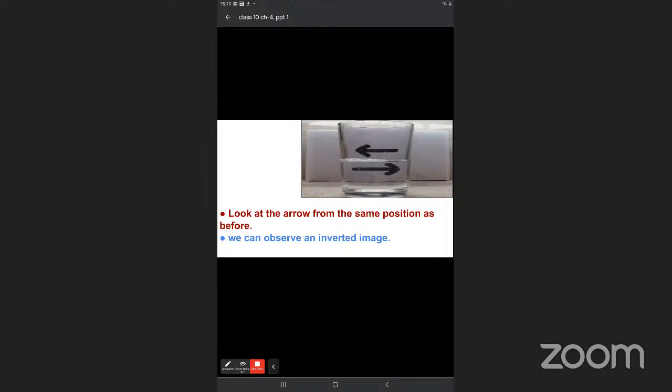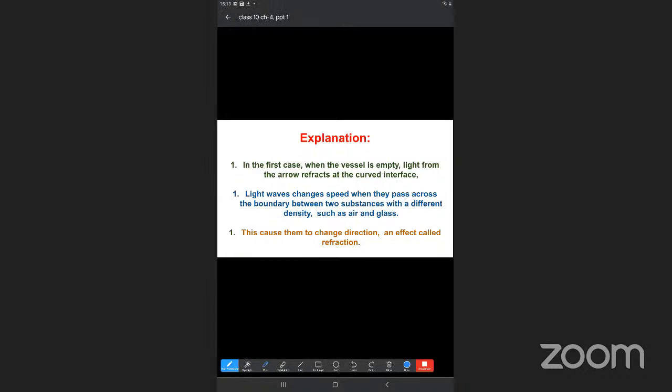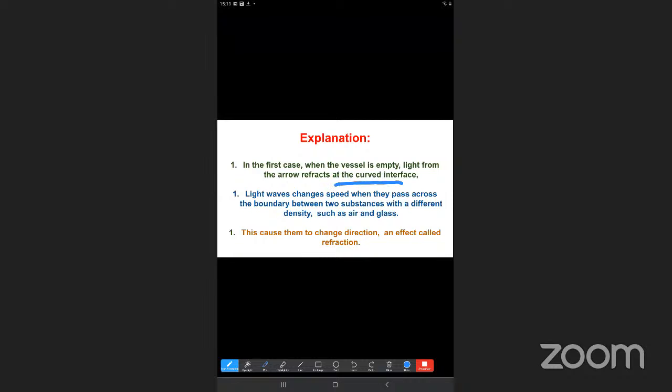This is due to the following. In the first case, when the vessel is empty, light from the arrow refracts at the curved interface. Light waves change speed when they pass across the boundary between two substances with a different density, such as air and glass.